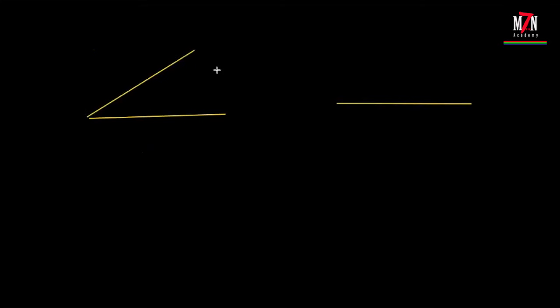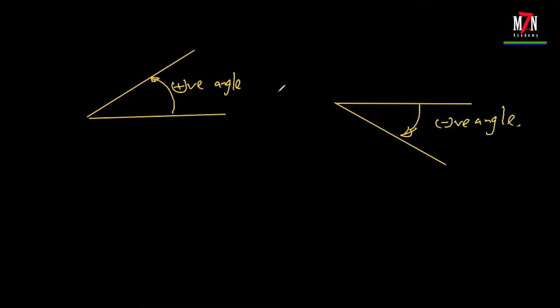Angles measured in the anticlockwise direction are positive angles, and when you measure in the clockwise direction, that is named a negative angle.